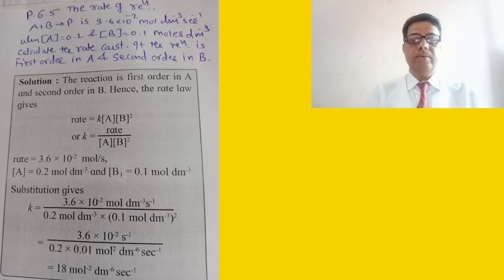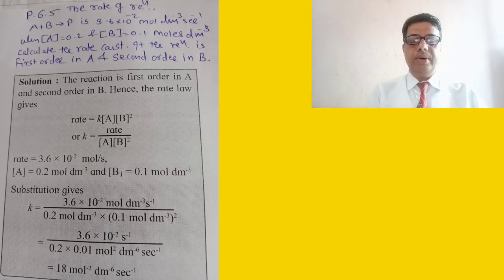Here the given rate is 3.6 into 10 raised to minus 2 moles per cubic decimeter into second inverse, or decimeter raised to minus 3. Here there are some mistakes in your book, so please correct it. Then concentration of A is equal to 0.2 mole per cubic decimeter and concentration of B is 0.1 mole per cubic decimeter.